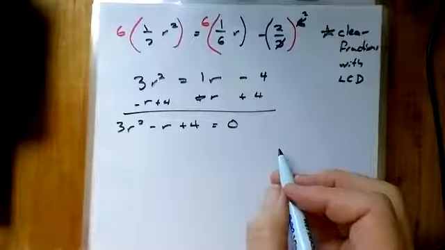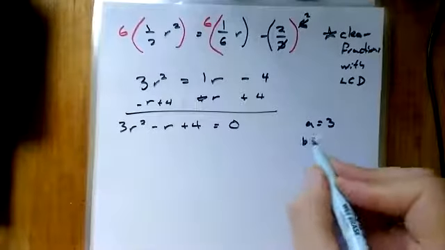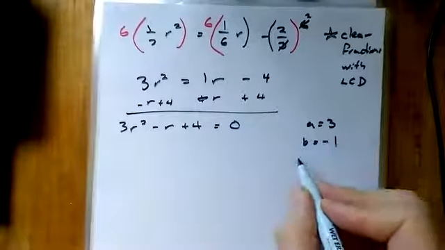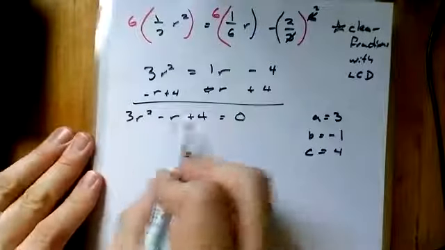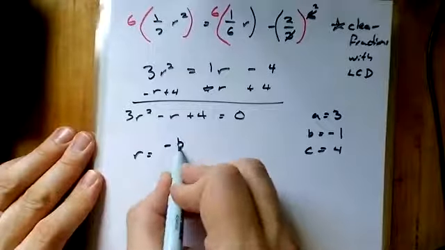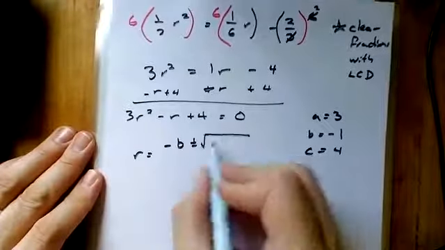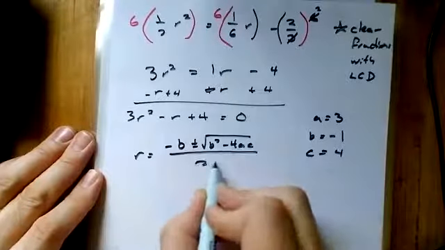And once again, we can solve from here. It's like a is equal to 3. B is equal to -1, and C is equal to 4. So in this case, it's not x, it's going to be r is equal to -b plus or minus the square root of b squared minus 4ac all over 2a.